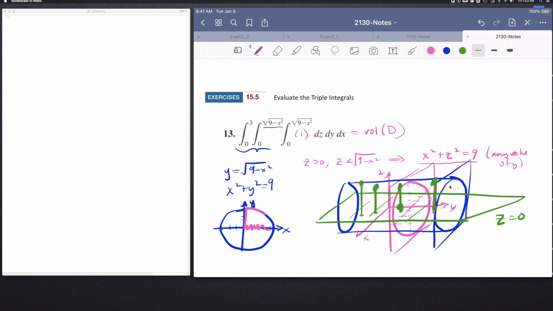So we're only integrating over a part of the xy plane, a little quarter of a circle, but then we also need to be integrating over those values of x and y up to the cylinder.